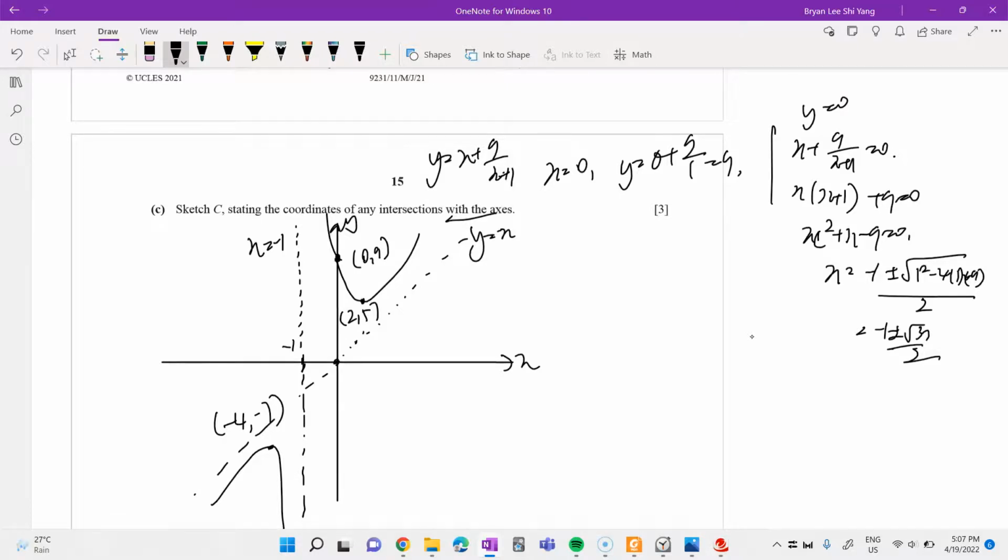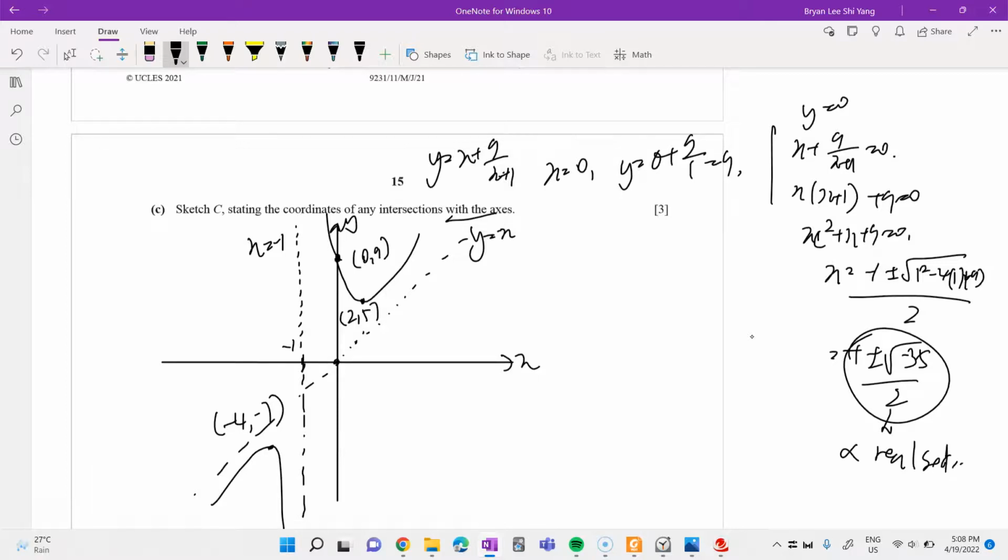It's negative 37 divided by 2. Y equals 0 means it'll touch the x-axis, but it doesn't seem so. I'm not really sure. X, oh, I see. Okay. X minus 4 times 1. Yeah, you really need to. Okay, so this one doesn't have real solutions. So okay, you need to double check.